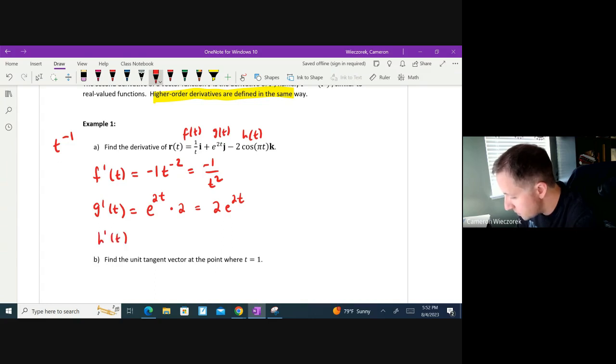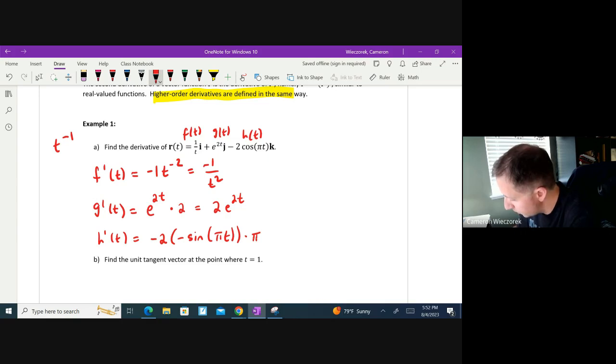And h prime of t, the derivative of negative 2 cosine of pi t: negative 2, the lead coefficient, stays put. The derivative of cosine would be negative sine, so times negative sine of pi t times the chain rule times pi. Okay.